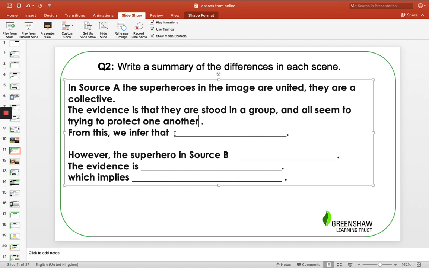So here's my evidence. It would be a quote with the extract, but I'm using evidence instead.